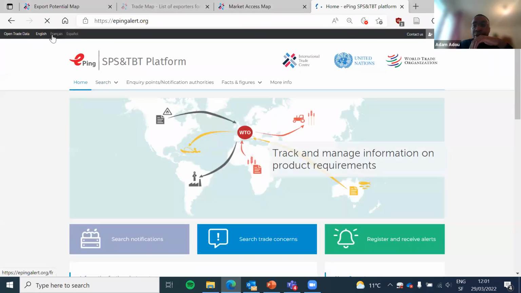I think in the new version of ePing, because they updated the website, they did not upload the Vietnamese version yet. So for now, we just have English, French, and Spanish, because as I said before, they changed the interface of ePing a little bit, but very soon the Vietnamese version will come back.